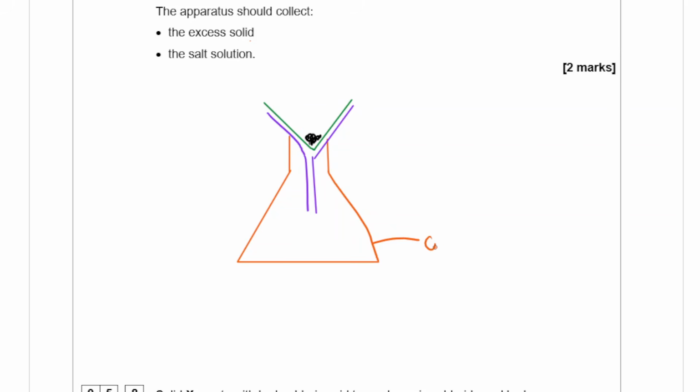So let's label this: conical flask, plastic funnel, filter paper.